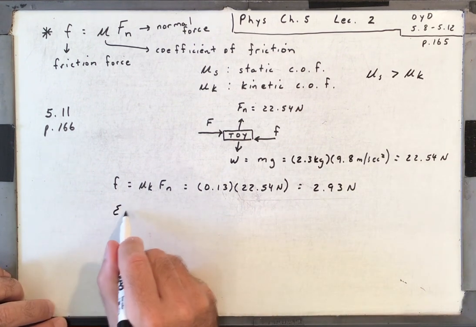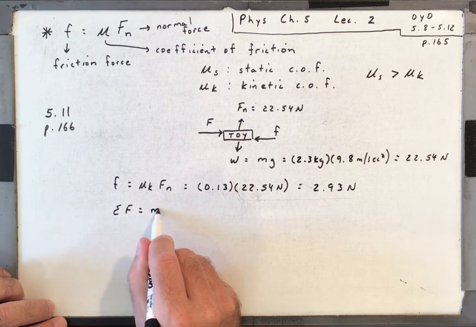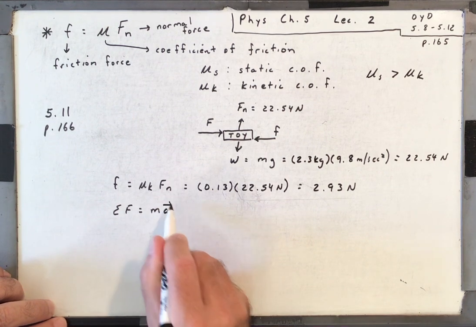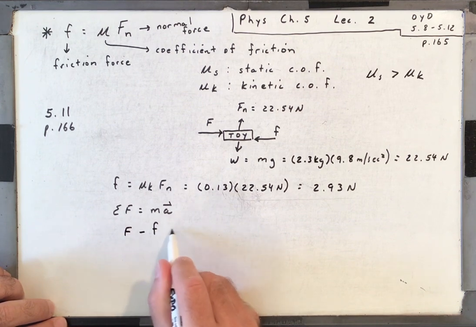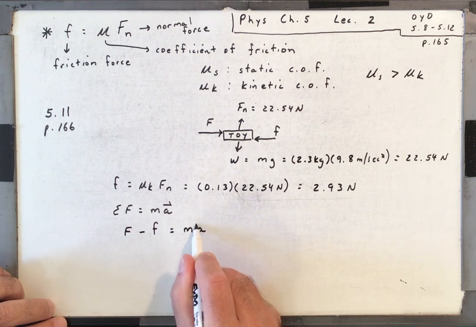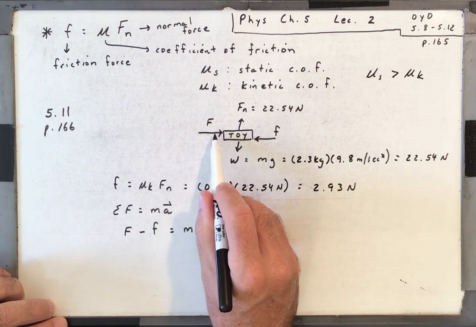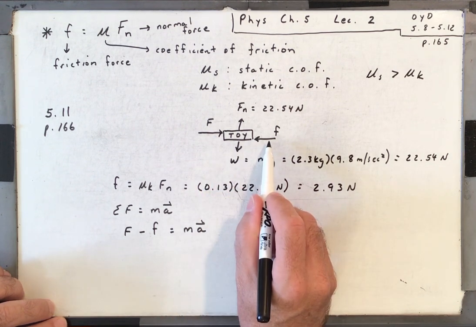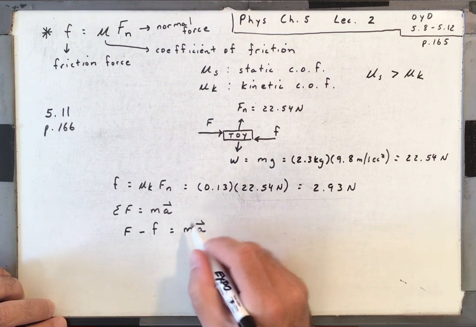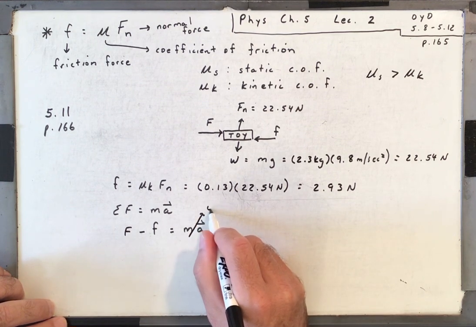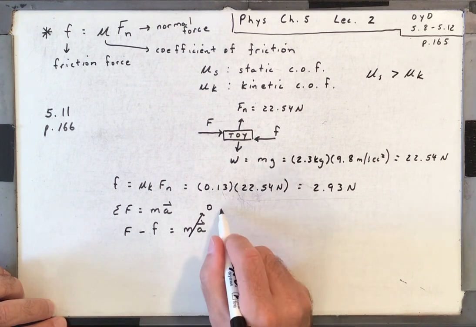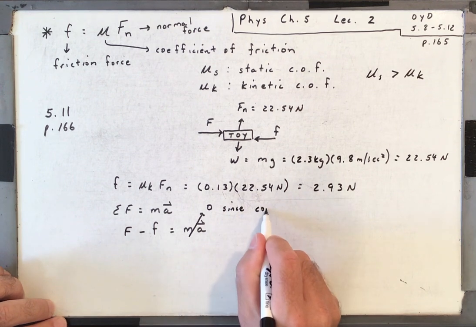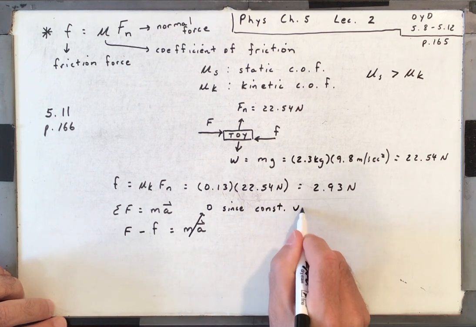The sum of all the forces is equal to mass times acceleration. The sum of the forces would be big F minus little f equals mass times acceleration. We've got one force going to the right, one going to the left. However, constant velocity means there's no acceleration. So mass times acceleration would be 0, since acceleration is equal to 0 with constant velocity.